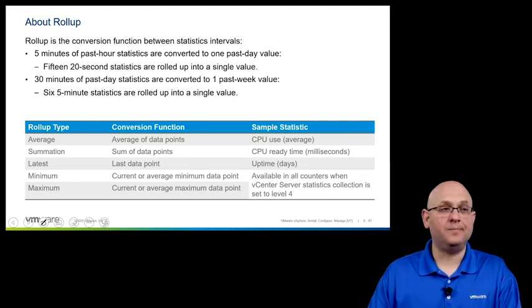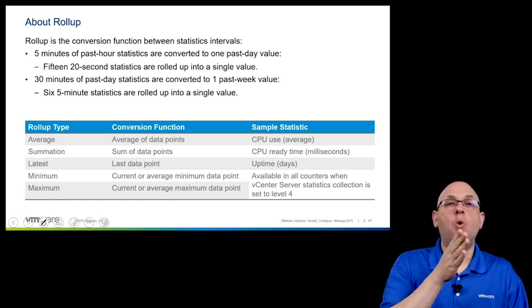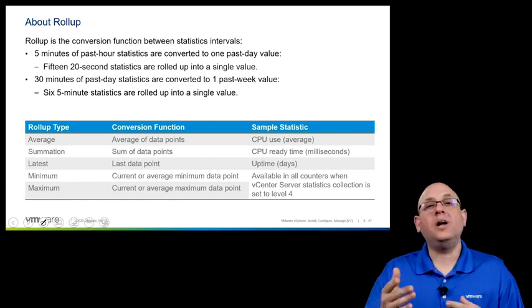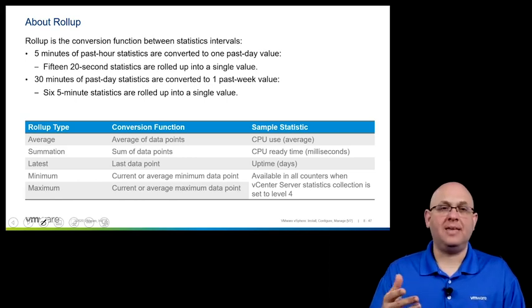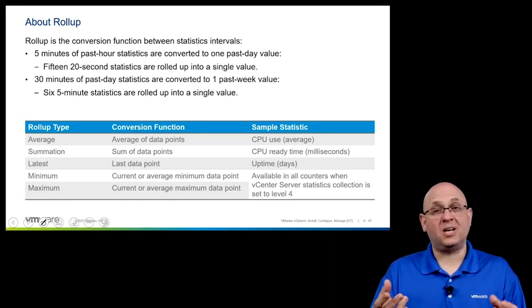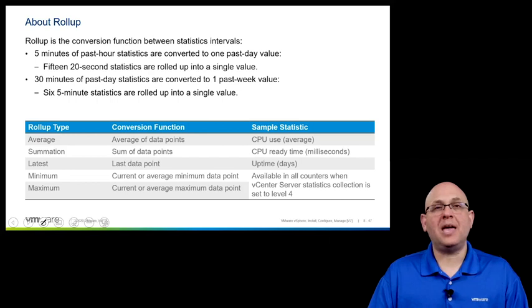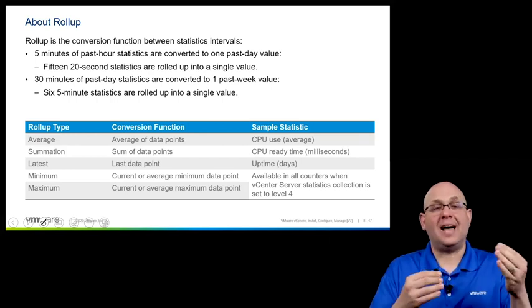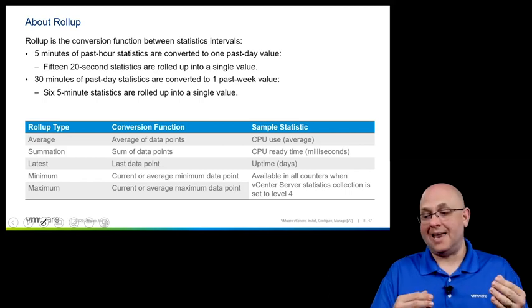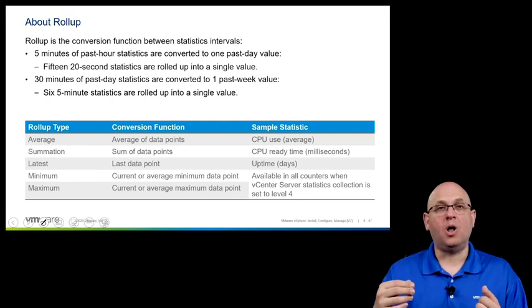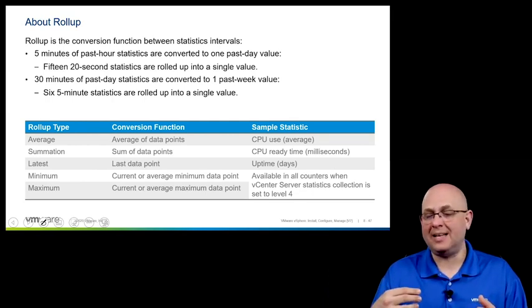Now, roll up. As I go from one time interval to another, what do I do with the actual statistic that I'm given? So, for example, if I'm looking at real-time statistics, I know that that is a value over the last 20 seconds. Is that an average value? Is it adding up all of the statistics that were collected over the last 20 seconds?